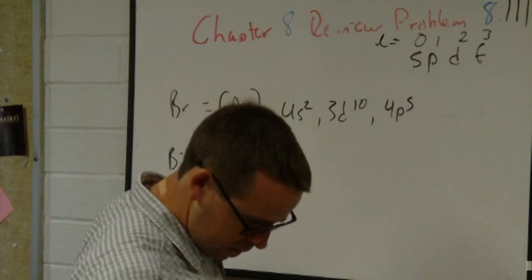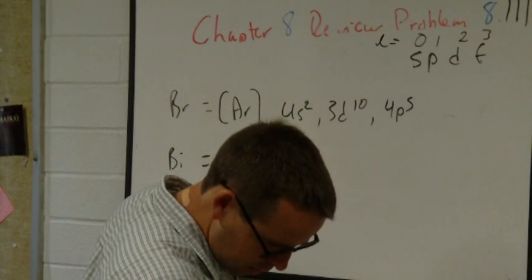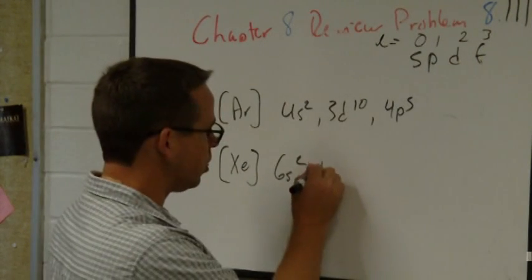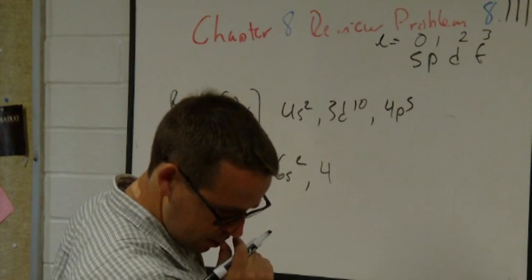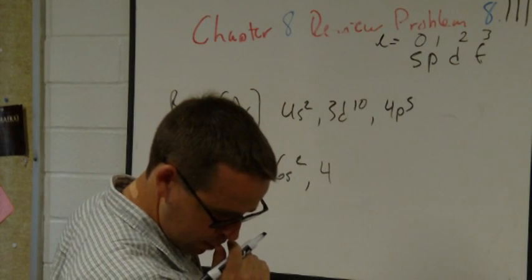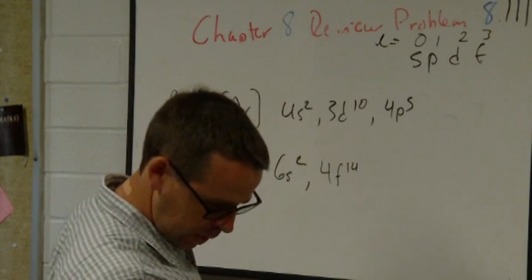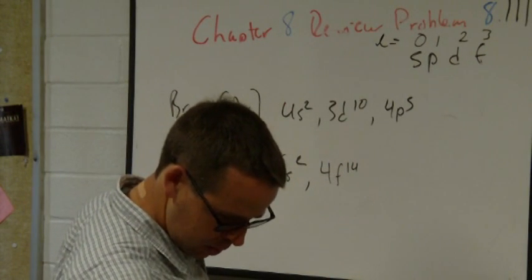And then we have to see that we go lanthanum 57 to lutetium 71, so that's 4f14.